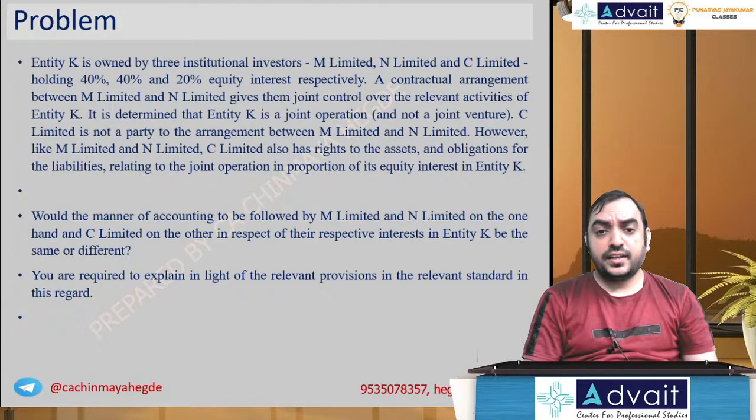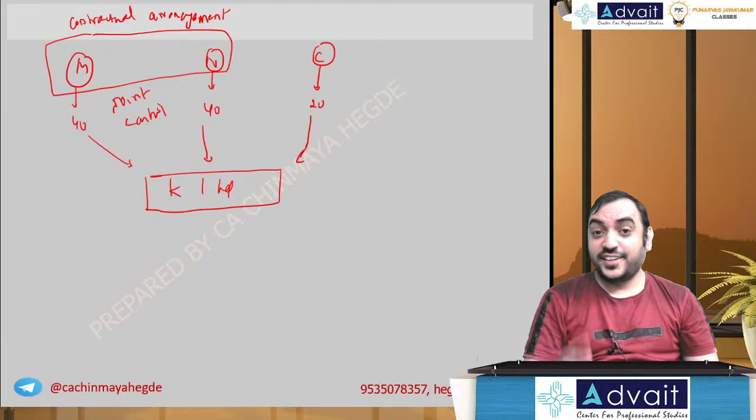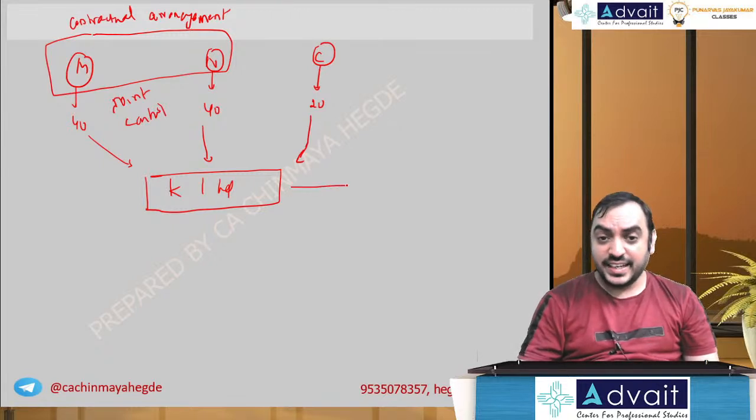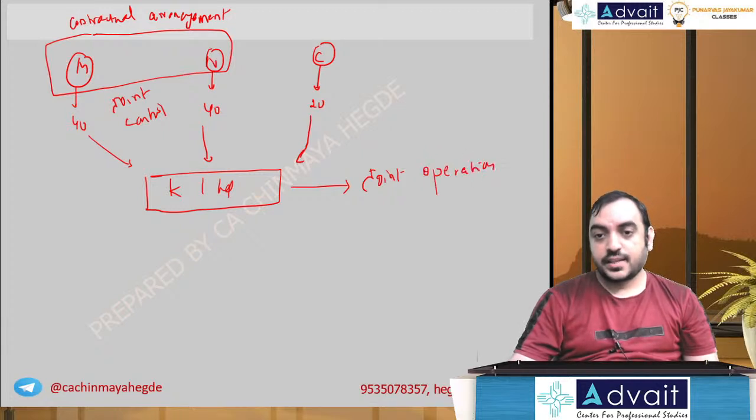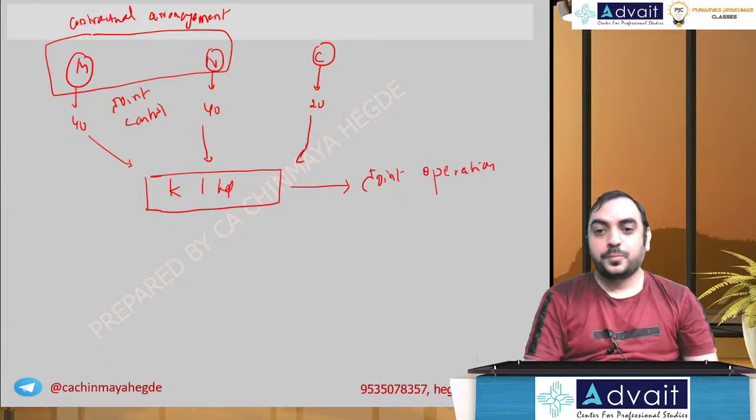It is determined that Entity K is a joint operation and not a joint venture. That's important. It is given it's a joint operation and not a joint venture.